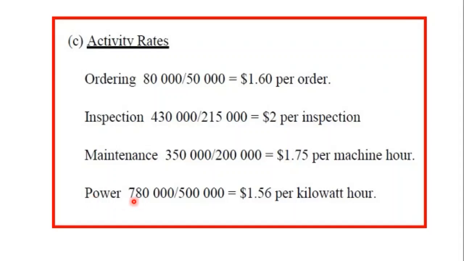Power 780,000 divided by 500,000 kilowatts equals $1.56 per kilowatt hour. Notice these are always stated in per something. Okay, and this here should be the cost pool or the cost driver.